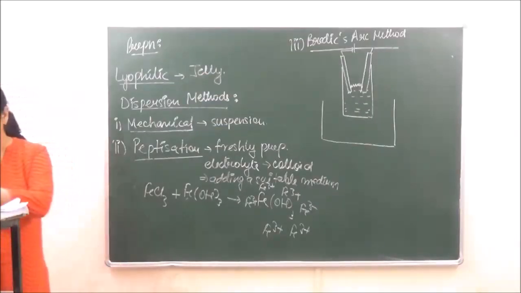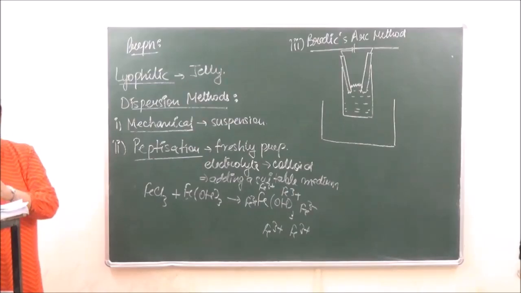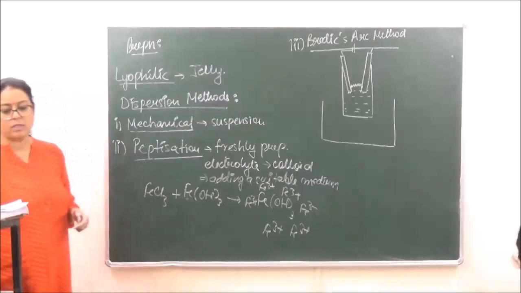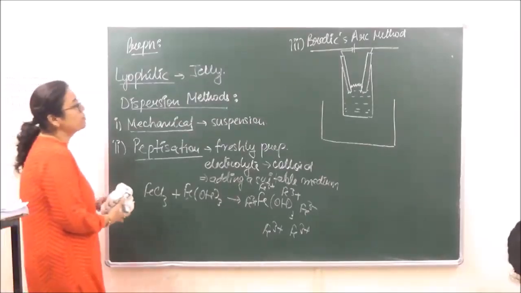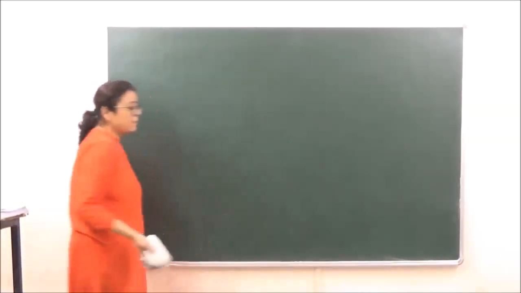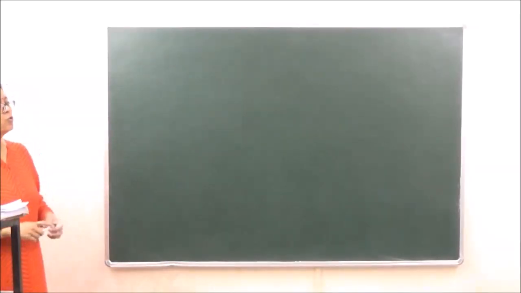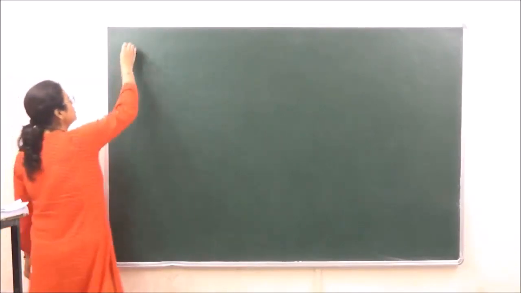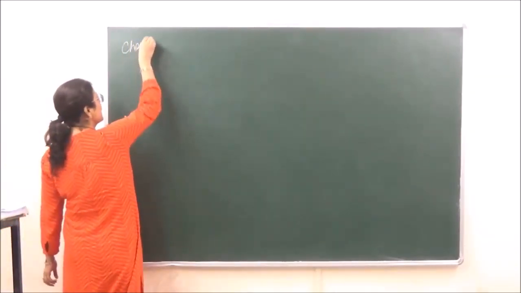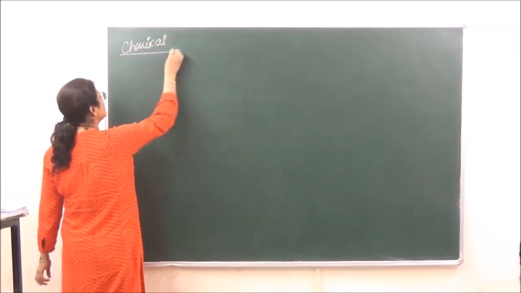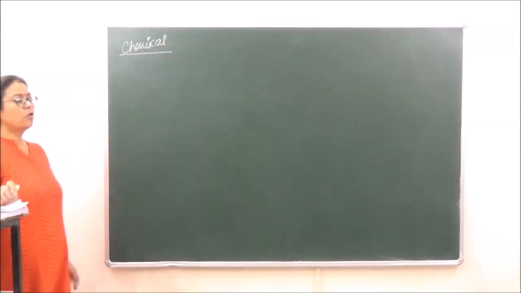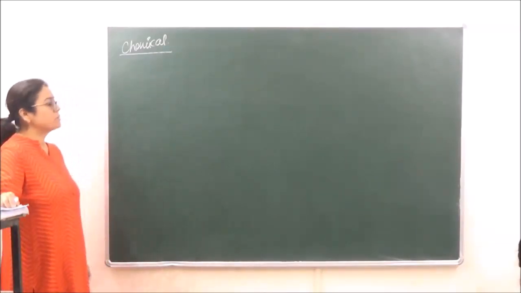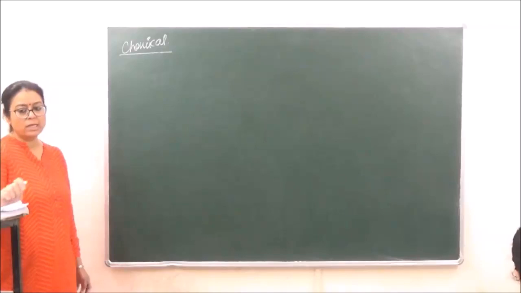Then after that, the next method, the second type of method which we are going to use, is the chemical methods. These were the dispersion methods. The second method of preparation is the chemical methods. Chemical methods are generally used to prepare lyophobic colloids. Okay? So they are chemical in nature. They are not physical. Okay, so they are all chemical substances, as a result of which we use chemical methods.